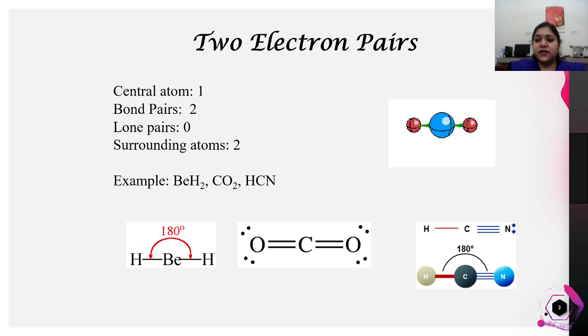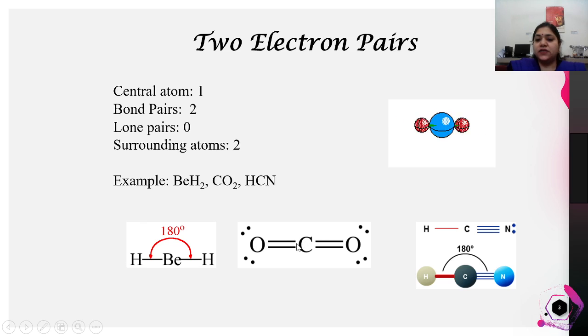So the bonds adjust themselves in such a direction that they maintain the maximum distance and minimum repulsion. The maximum distance that can be maintained by two bonds is at 180 degrees. So this gives a linear shape.